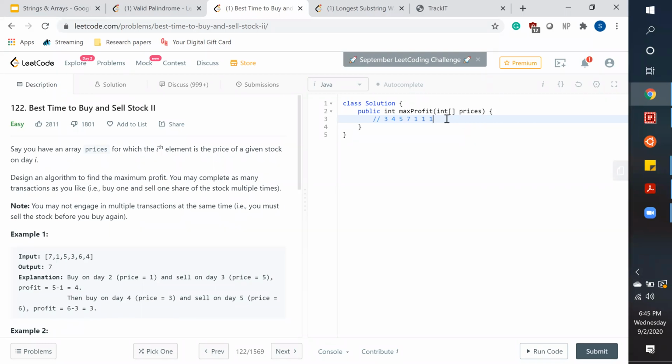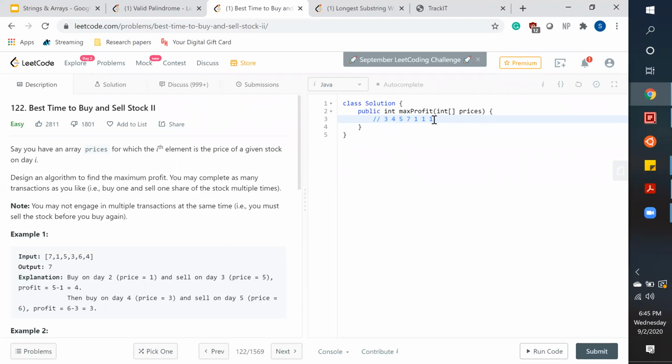So you're saying, let's assume we bought the first stock, and then you're going through the rest of the array and saying, what's the max profit I can get by selling that stock? And then you're saying, if I bought the second stock, and then go through the rest of the array. Okay, cool.